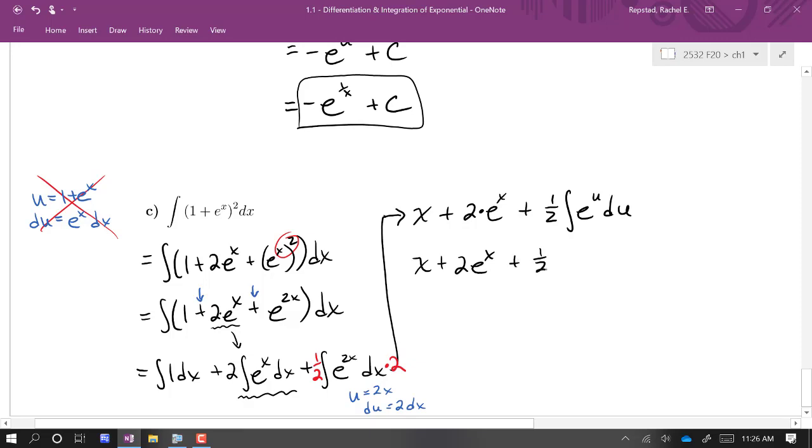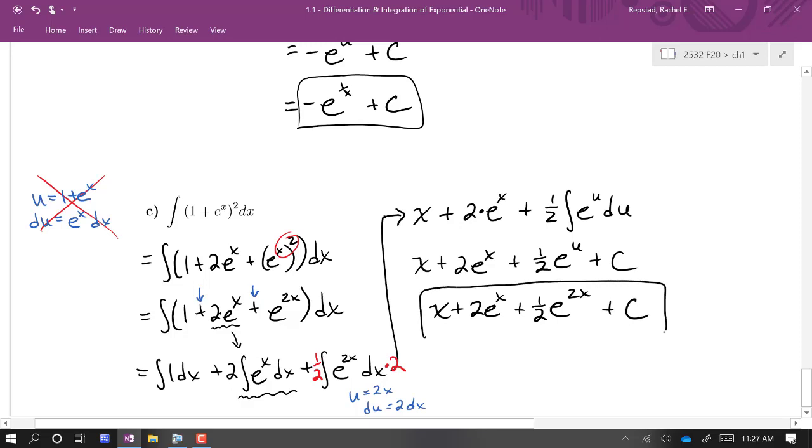And so this is 1/2 e to the u plus a constant. And I'm just going to put the x's back in: 1/2 e to the 2x. And there's our integral.